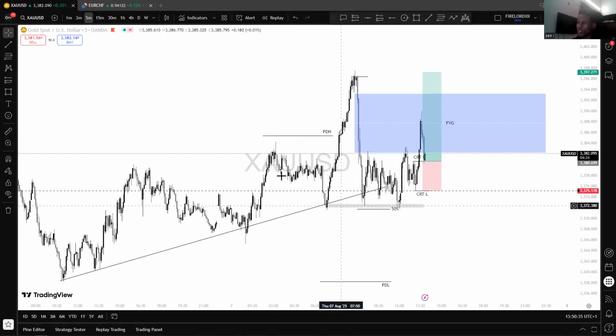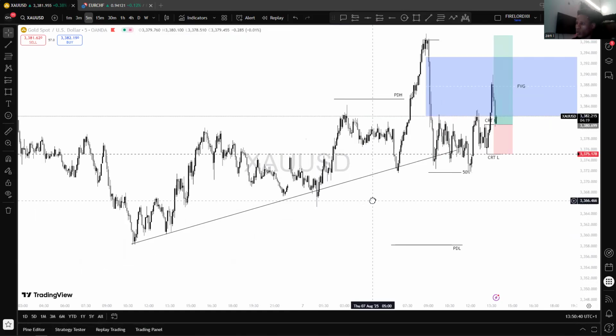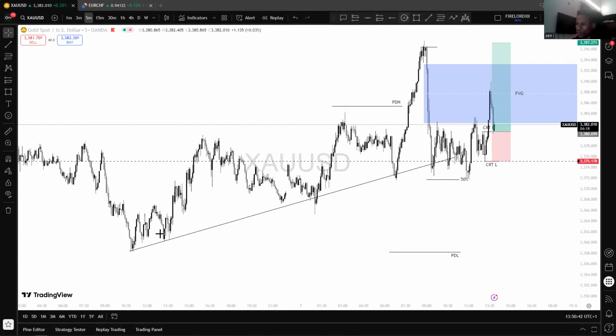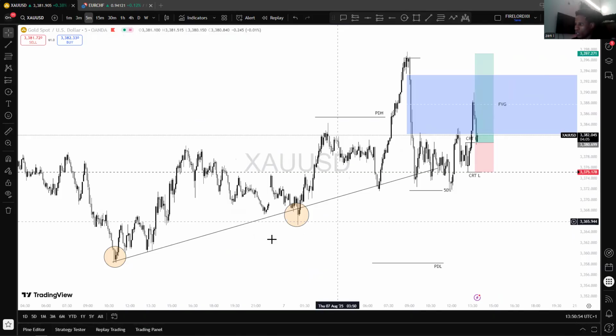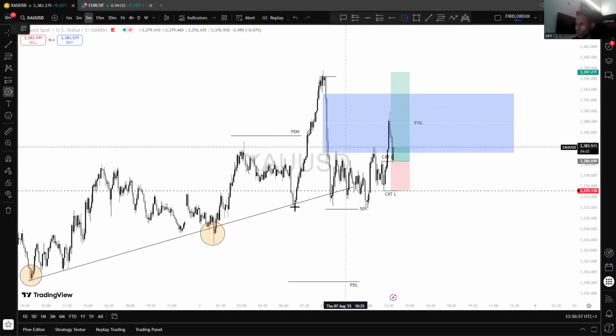I remember all these OBs now since they've been respected. So price didn't close above any of the lows. This low, this low. Talking of that crash that happened, the crash did not lead to a change in trend. That's what I'm trying to say.